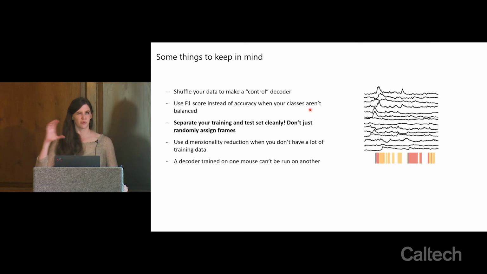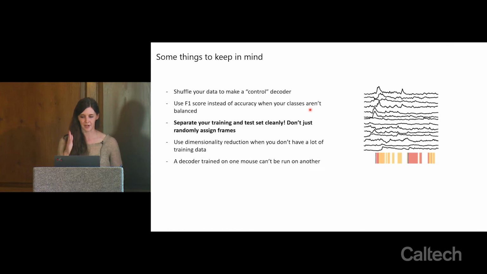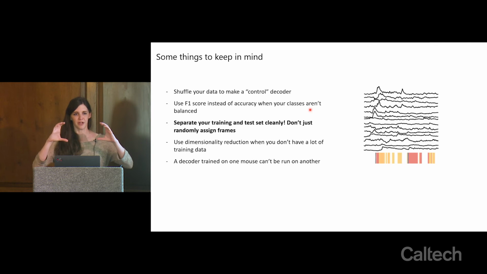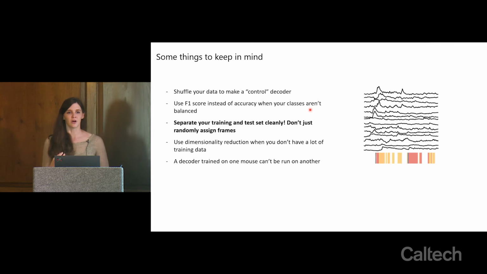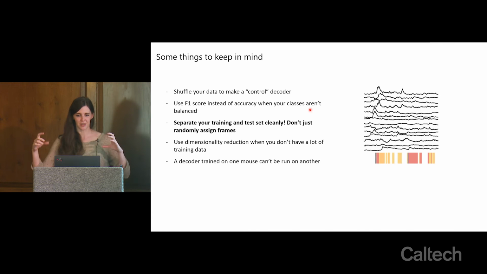Precision is true positives over true positives plus false positives. Recall is true positives over true positives plus false negatives. It's basically, precision is if I have all of my true attack bouts, how many of them did I hit? Recall is I labeled this many things as attack, how many of them were actually attack?